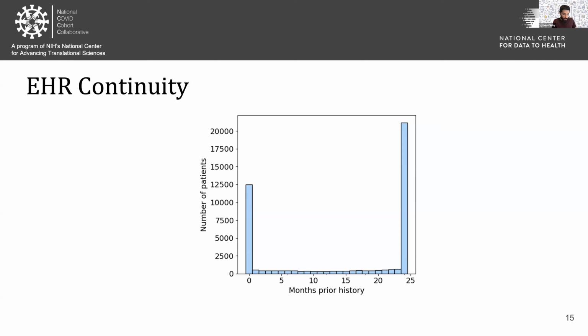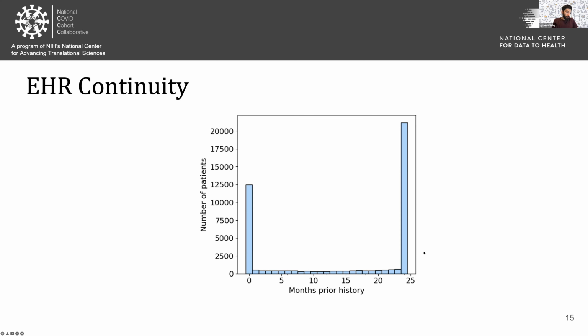And what that means is a patient who's admitted for COVID in early 2020, we have 2 years of history on them. But if a patient is admitted in 2021 or 2022, we would have more history going back to 2018. So in order to normalize that effect, we're looking at 24 months plus.